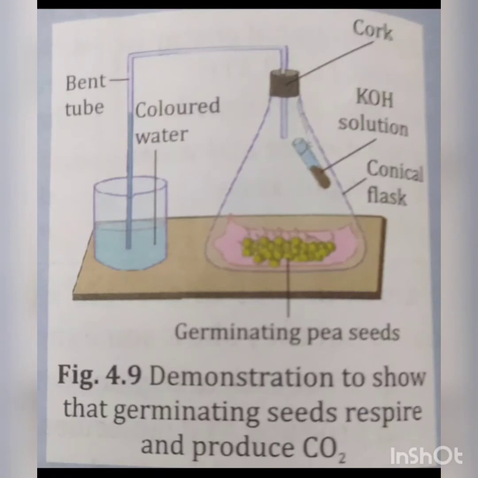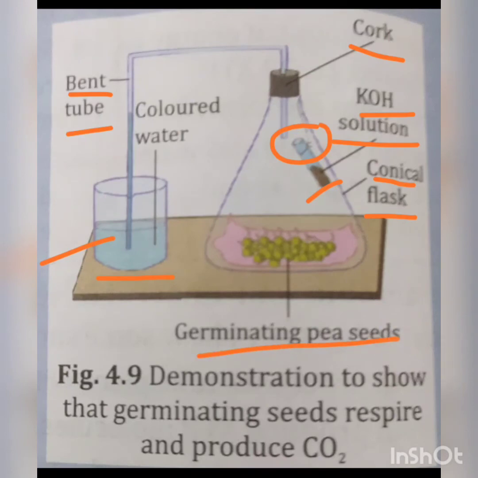The materials required for it are as follows: a conical flask, a beaker, a cork with a hole, a glass tube bent at right angles, a small test tube, KOH solution, thread, colored water, Vaseline and germinating seeds.